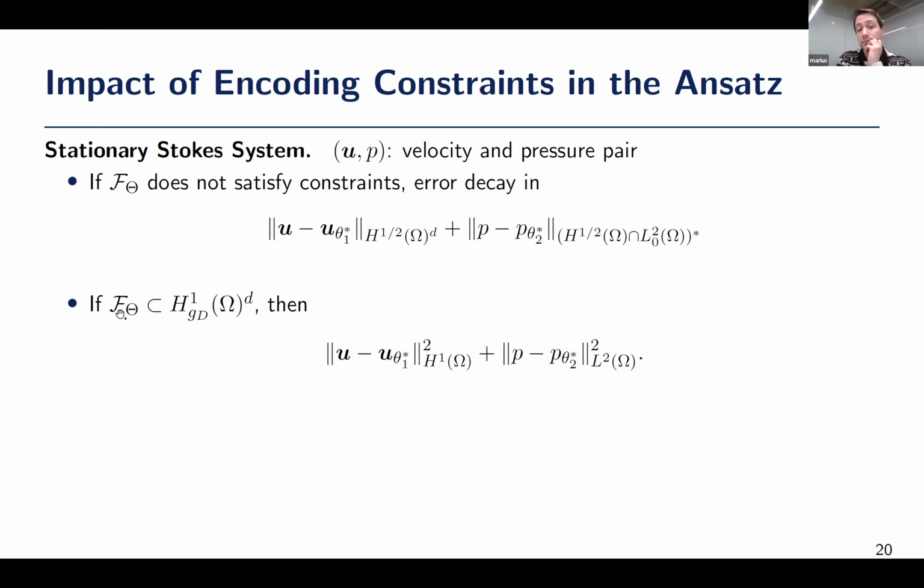If you decide now that your ansatz class exactly satisfies the boundary conditions, which you can do if you design your ansatz smartly, then you can improve your coercivity to H1 and L2. And this makes sense because then the penalization on the boundary, which should have been H^{3/2} for a strong formulation, is now exactly satisfied.